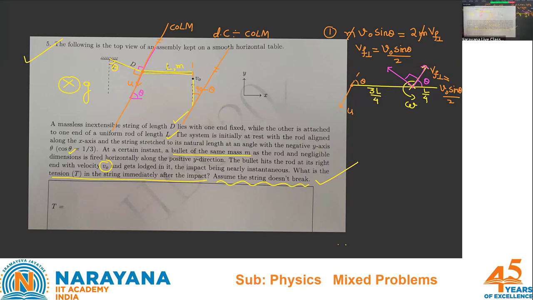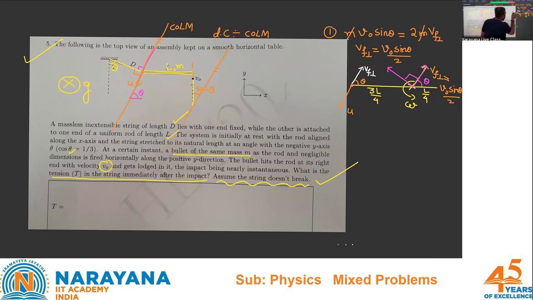Okay. Now I want to write one relation between omega, vf perpendicular and u. And check, if I look into this endpoint here, what are the terms I am expecting here? I'll have a vf perpendicular here.